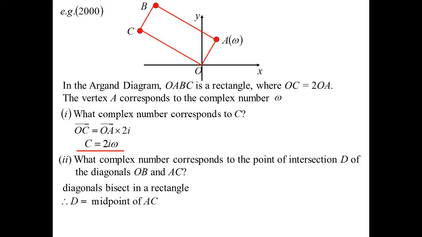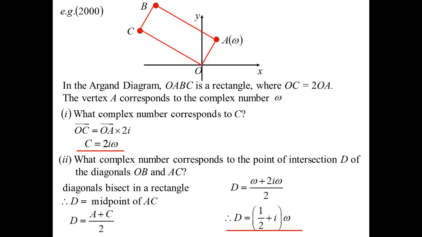I do know what A and C are, so it makes more sense to do it that way. So the midpoint of AC, using the points A and C, will be A plus C divided by 2. So omega plus 2I omega divided by 2. However you want to write that, I've factorised the omega out and written it as half plus I times omega.